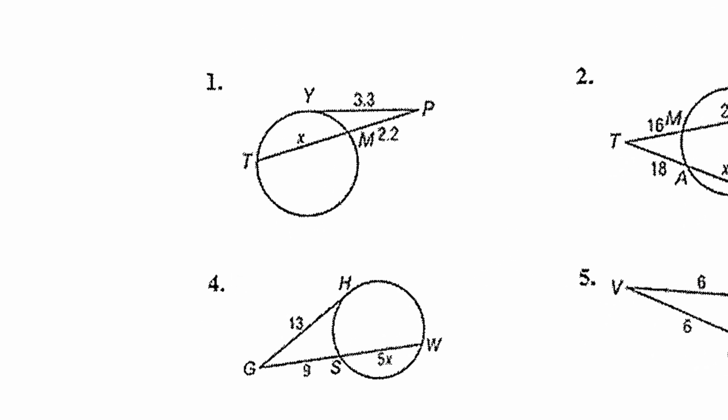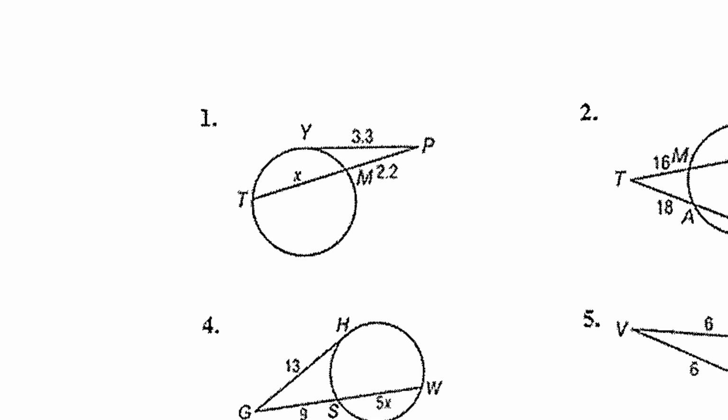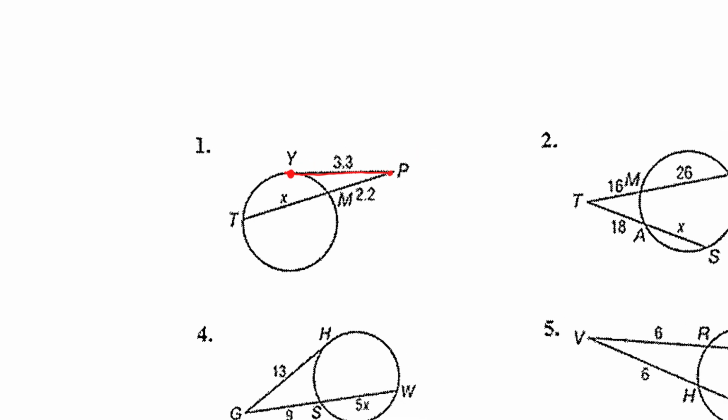All right, dropping down to the bottom. So this piece right here that I just drew in red, is that a secant or a tangent? It looks like a tangent, right? We're going to go with that.